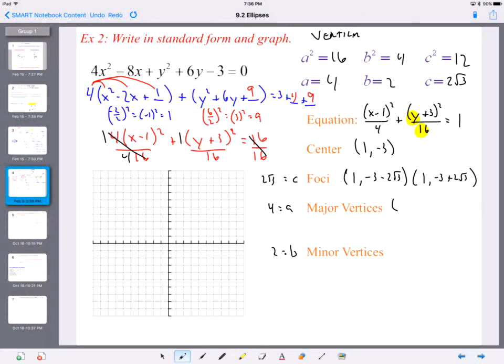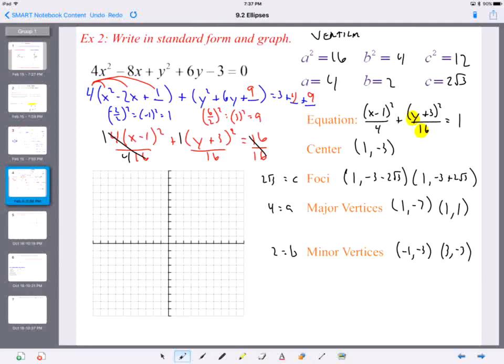So negative 3 minus 4 would be negative 7, and negative 3 plus 4 would be 1. So that would be the correct ordered pairs. And then for the minor, it's perpendicular, so now the x values are changing. And so 1 minus 2 would be negative 1, and 1 plus 2 is 3. So the y value doesn't change, the x values do.